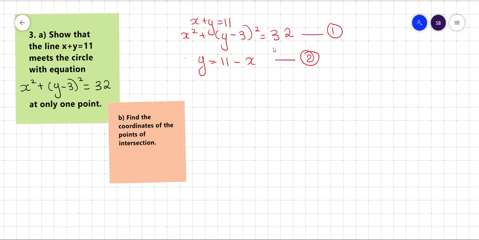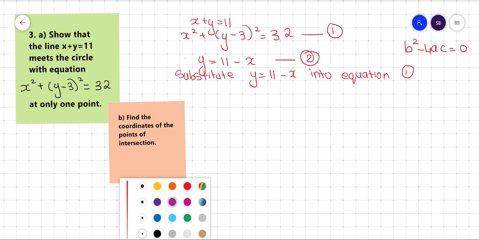Now we are supposed to show that they intersect only at one point. At one point, remember, b squared minus 4ac should be equal to 0. That means we are supposed to get a repeated root. Now let me substitute y equals 11 minus x into equation 1.